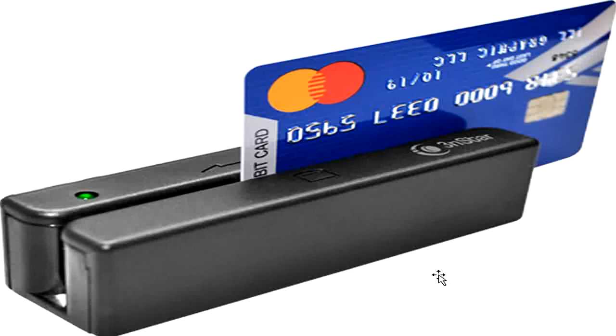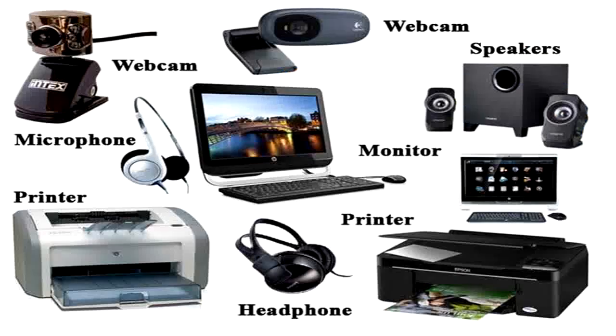So these are the commercial input devices: first you have seen barcode reader, MICR magnetic ink character reader, optical character reader, optical mark reader, and smart card reader. And again in hardware, another type is output devices. What is an output device?